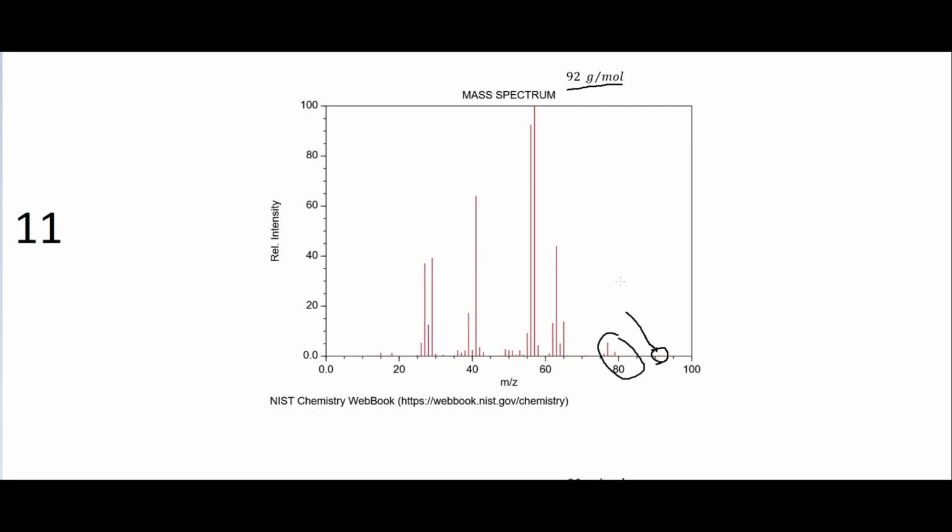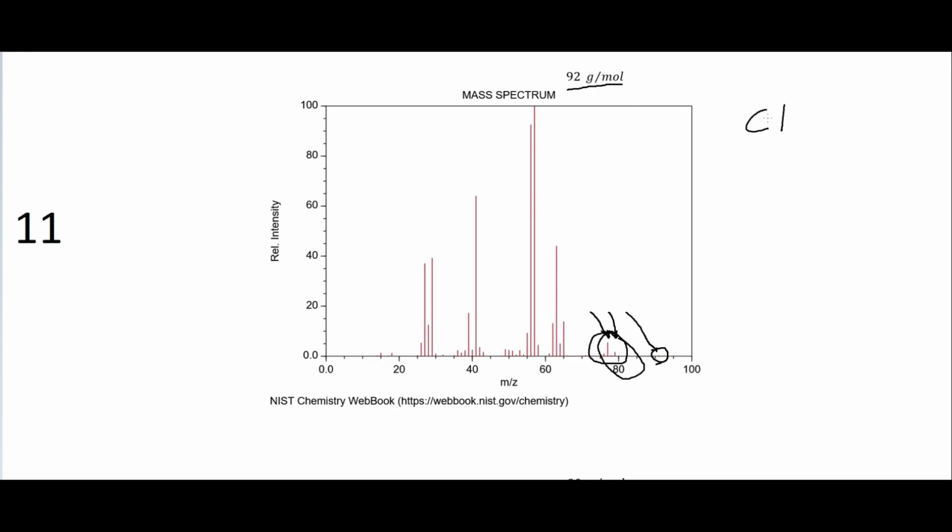But what we see here is we have these at what looks like 77 and 79, and the one at 79 is about a third the size of the one at 77. And so that is a good indication that we have a chlorine on here, so a Cl.